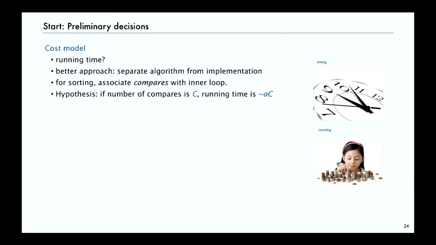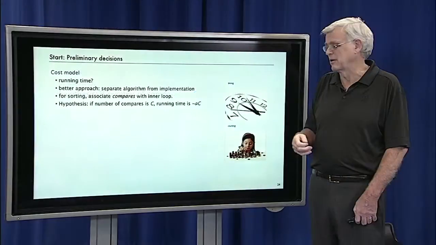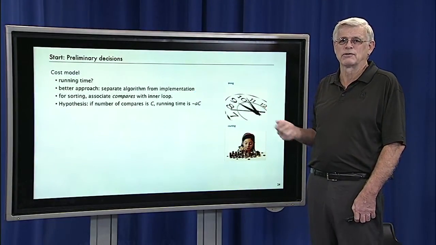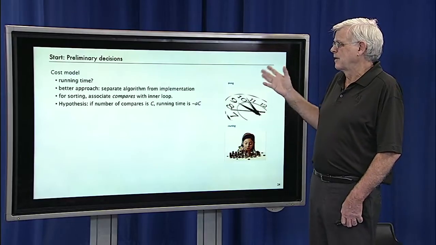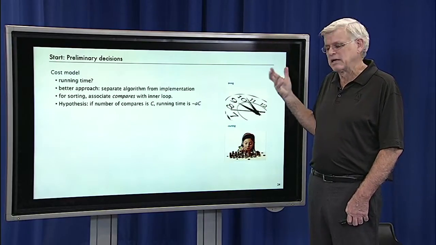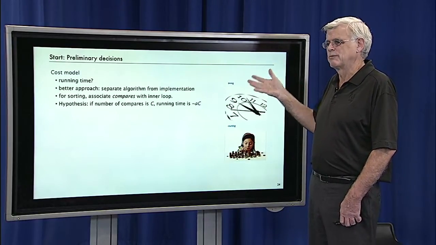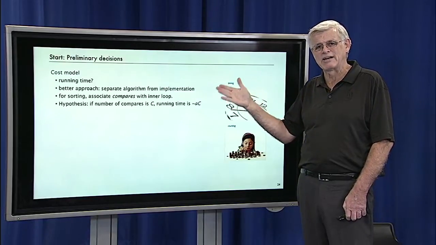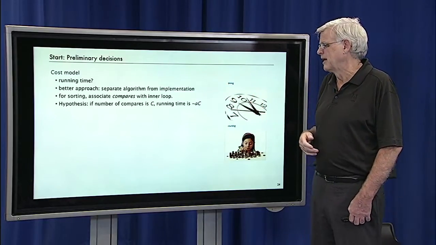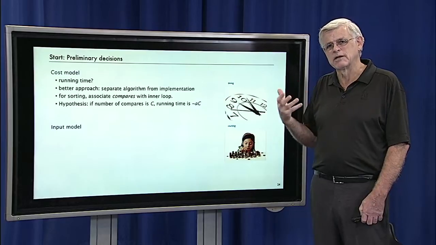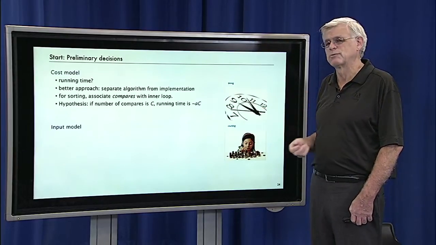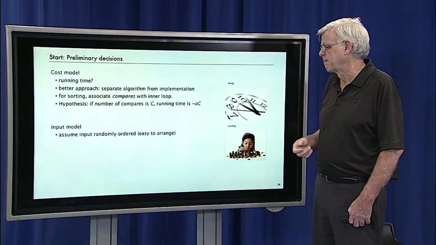Now a is going to be different for different computers or different systems or different languages, but it's a reasonable hypothesis, and it bears out in many, many practical situations. So that's a big decision at the beginning, to get away from time and get something abstract associated with the algorithm without losing the ability to make some scientific studies later on.